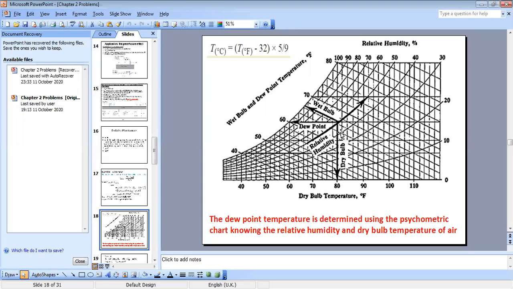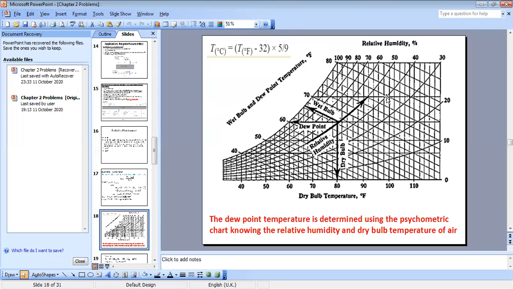So what is the idea about this chart? This chart represents the variation of the dry bulb temperature and the wet bulb temperature, in addition to the dew point temperature, and these parameters are functions of each other.